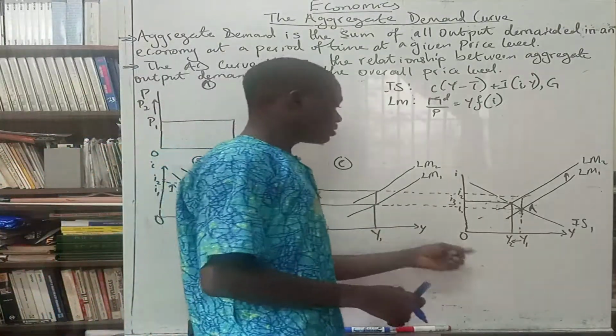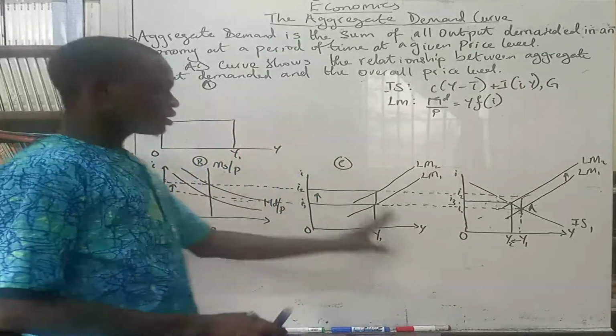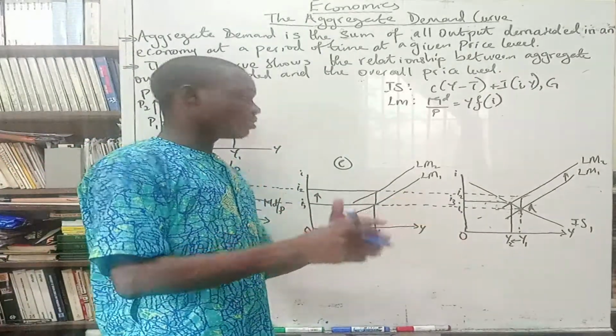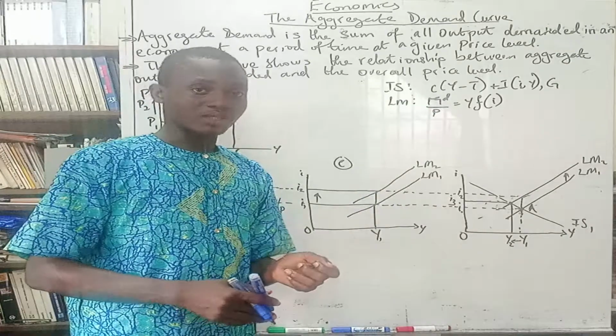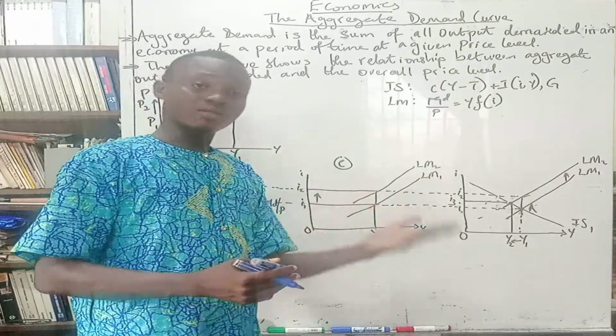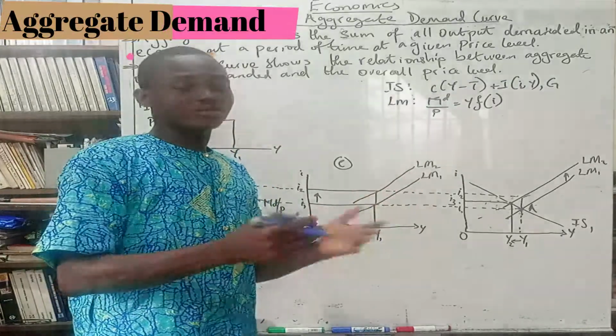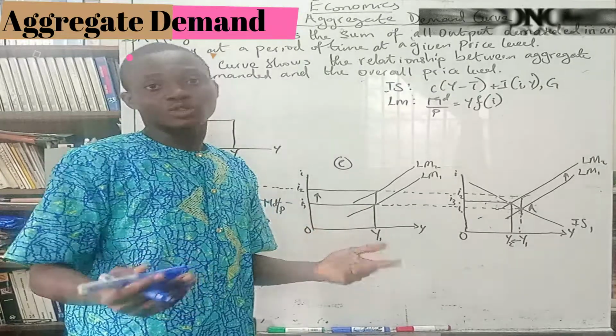So output is falling simply because there's an increase in interest rate. What has happened here is causing an increase in interest rates in the goods and money market, and that is lowering investment. There's a negative relationship between investment and interest rates, and I believe you know that already. So an increase in interest rates increases the cost of borrowing. Firms don't really have money of their own.